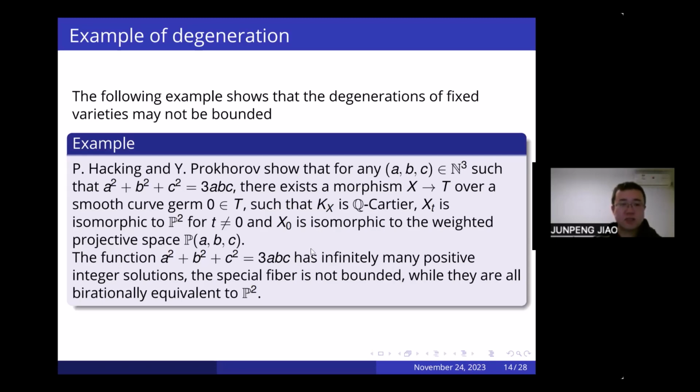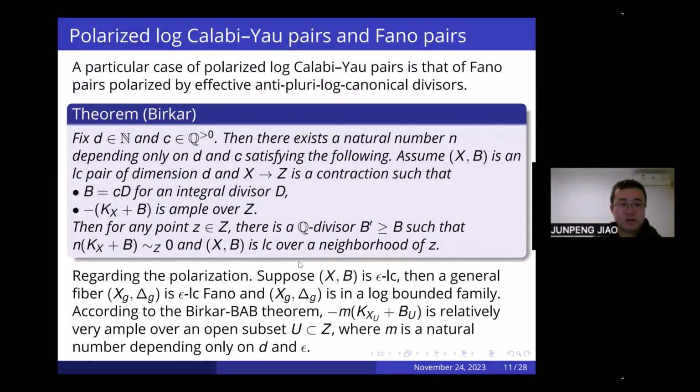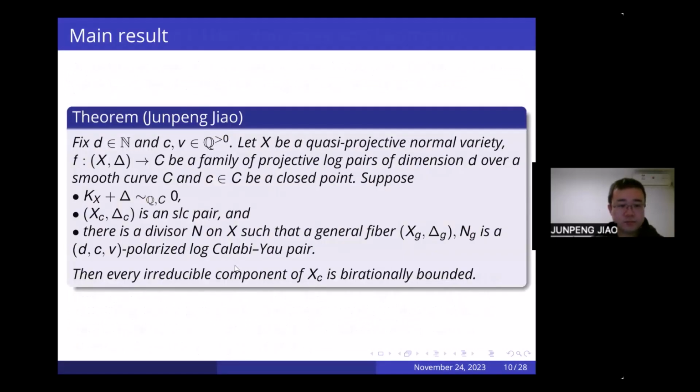And another thing is that here we say every irreducible component of X_c. It is natural to ask, can we bound the number of irreducible components?